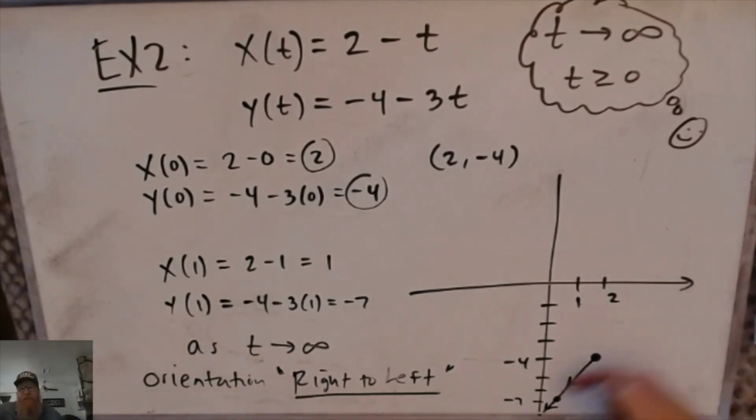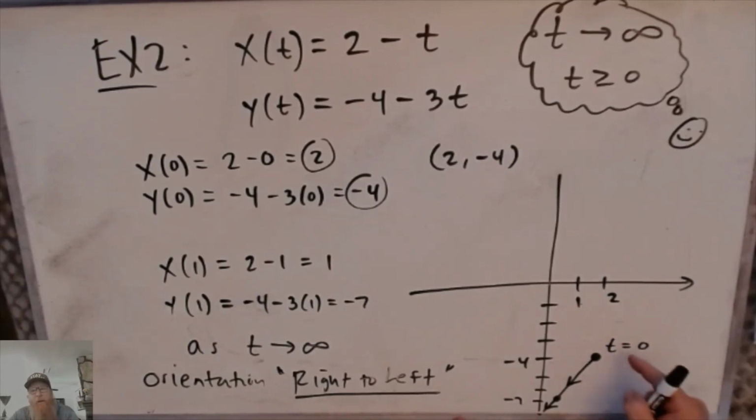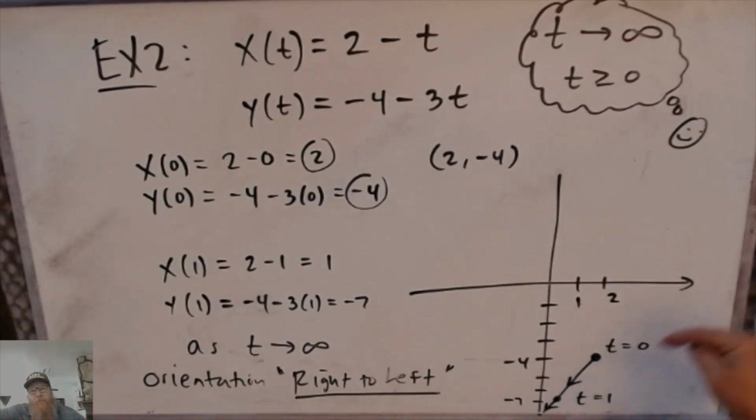So this graph has a right to left orientation. This was my t equals 0 point, and this is my t equals 1 point. And so the graph is going through from right to left.